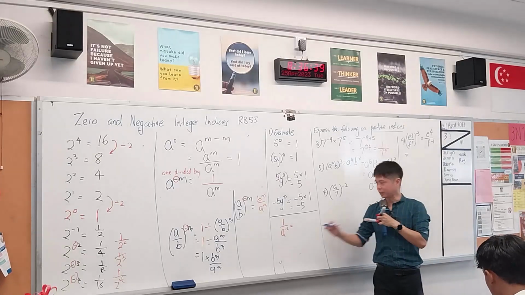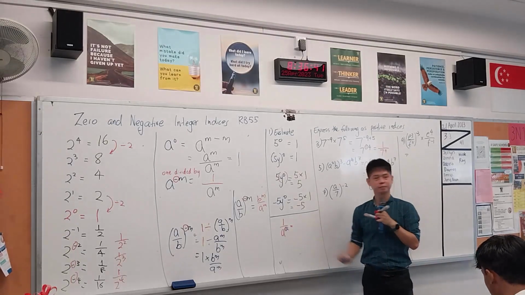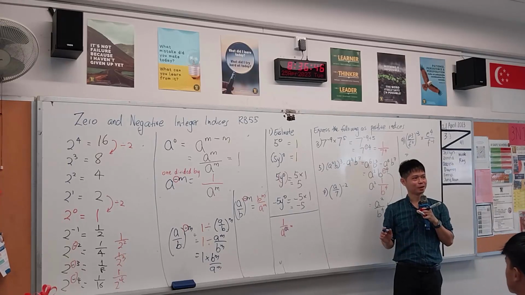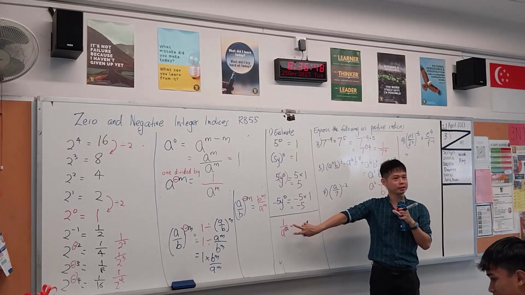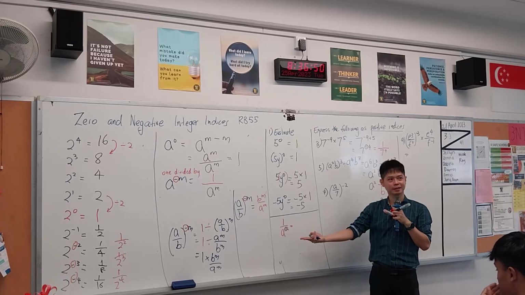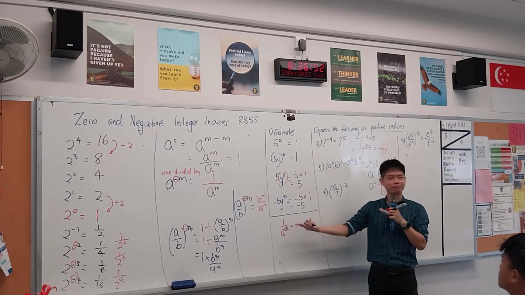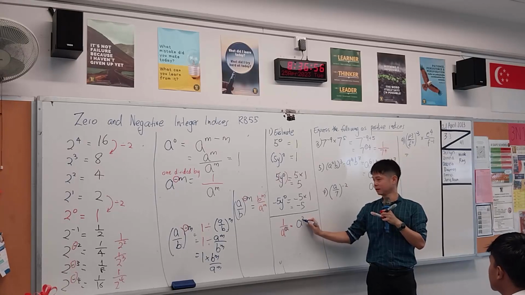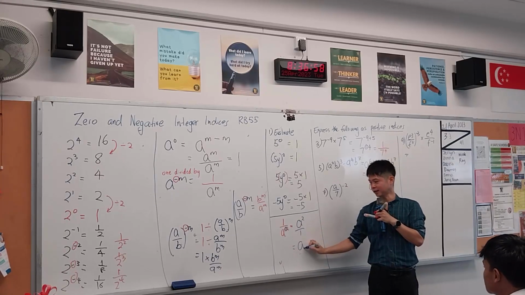I want to remove the negative power. What do I need to do with the fraction? Flip it, right? So if I flip, it becomes A square over 1, which is just A square.